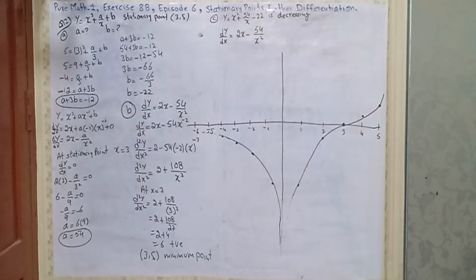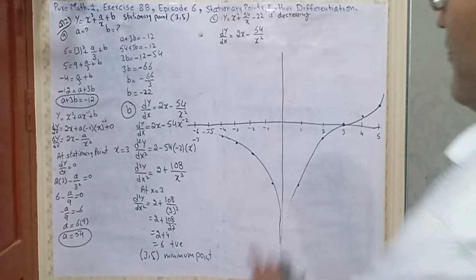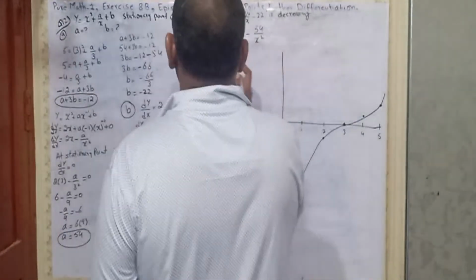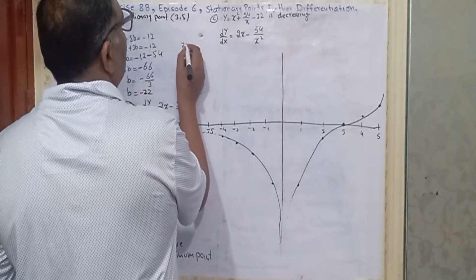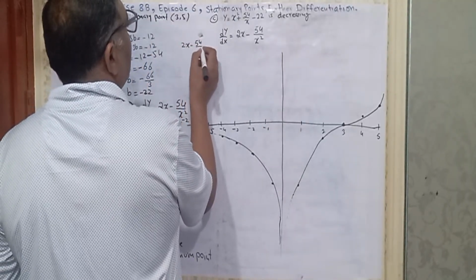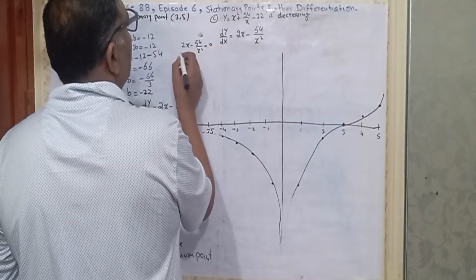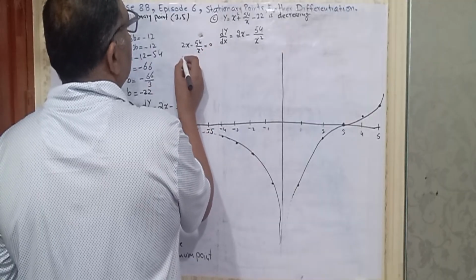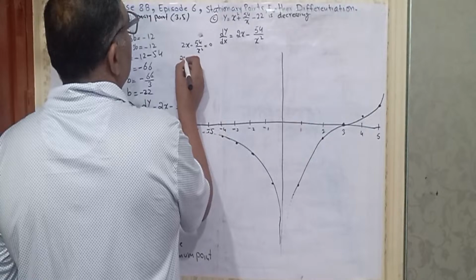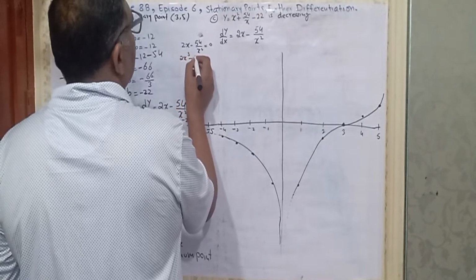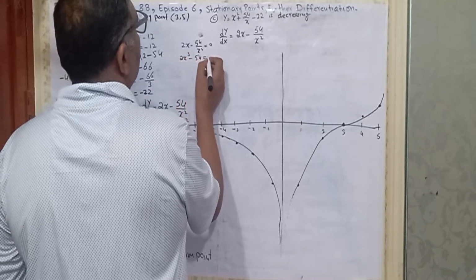Let me try when it will be 0. Instead of finding this I can make it equal to 0. So let's see, 2x minus 54 by x squared is equal to 0. So you will have 2x cubed minus 54 equals 0.